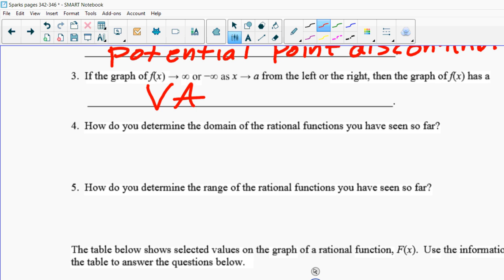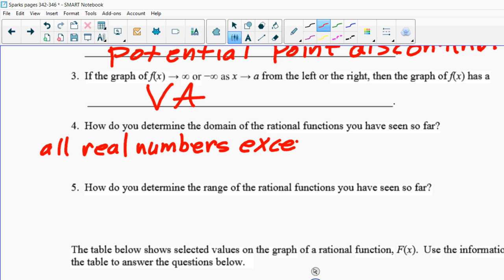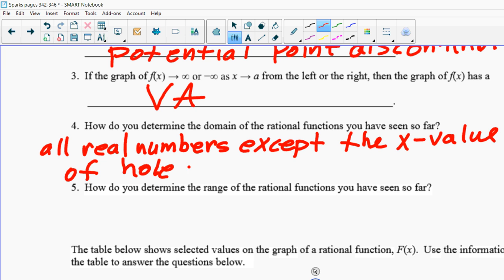So the domain is all real numbers except the x value of holes or vertical asymptotes. That's what's going to get left out.